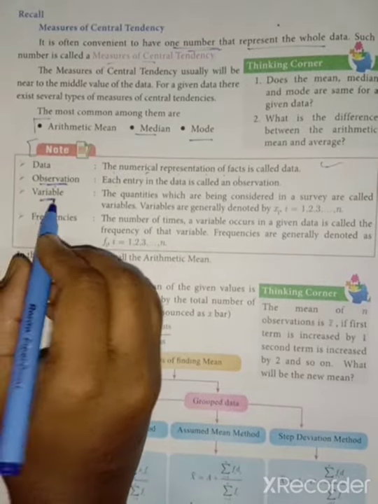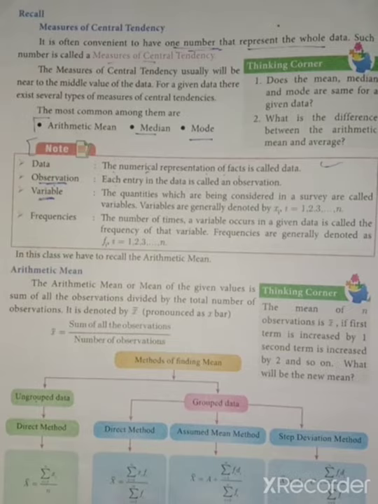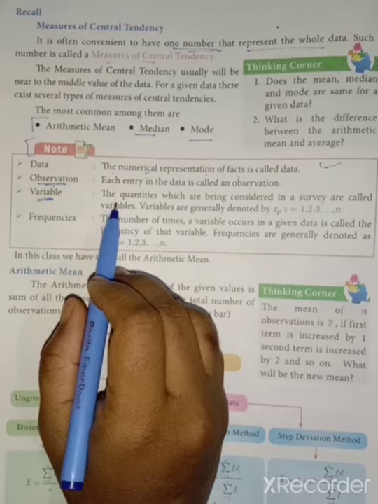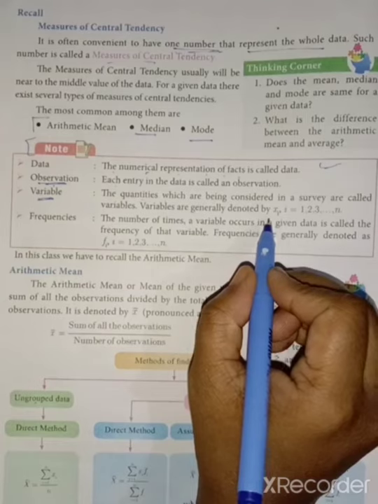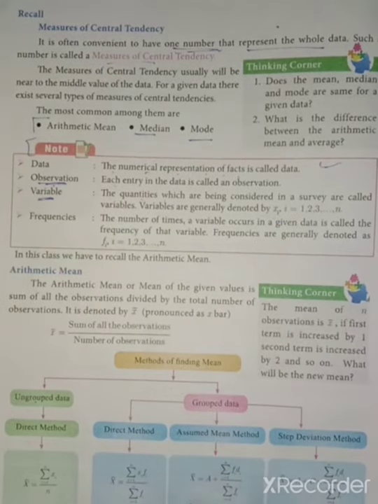Then variable. We know variables are x, y, z, a, b, c, d like that. Here we can say that the quantities which are being considered in a survey are called variables. Variables are generally denoted by xi, that is x1, x2, x3 and so on.